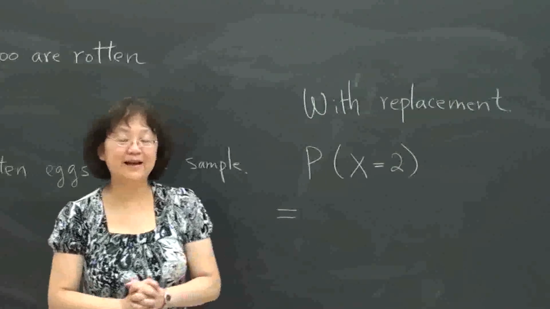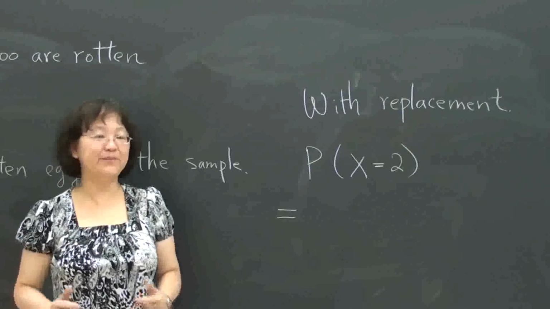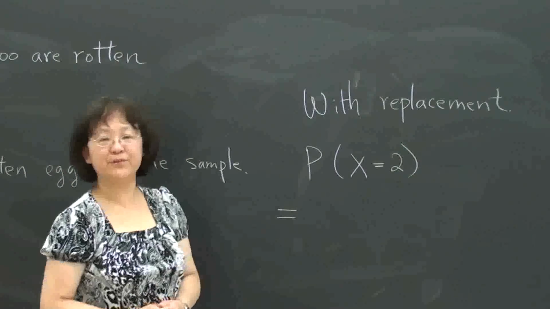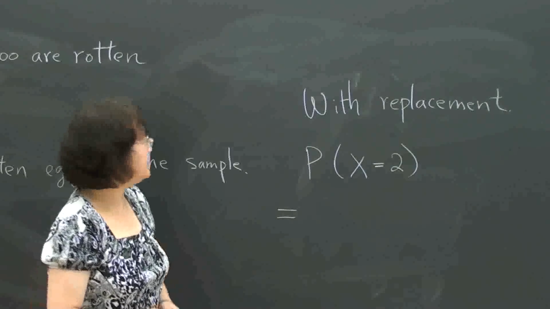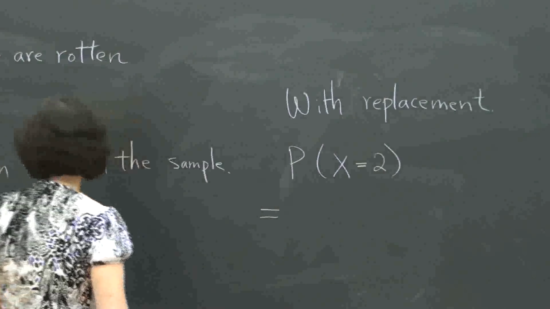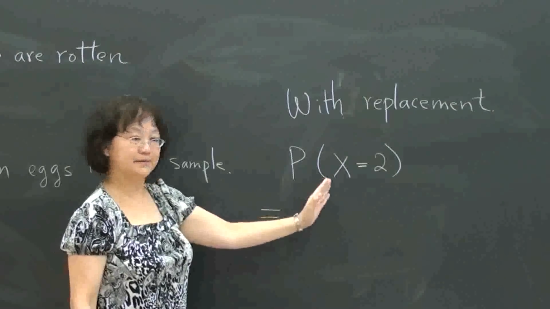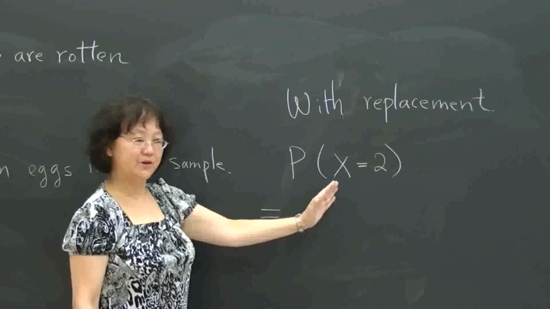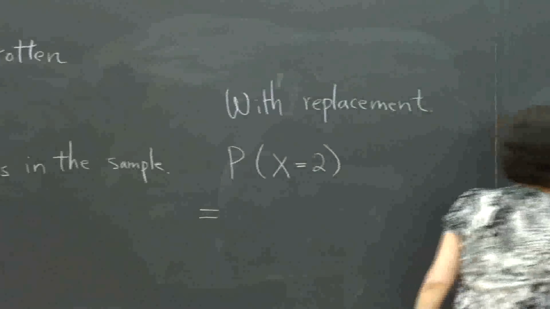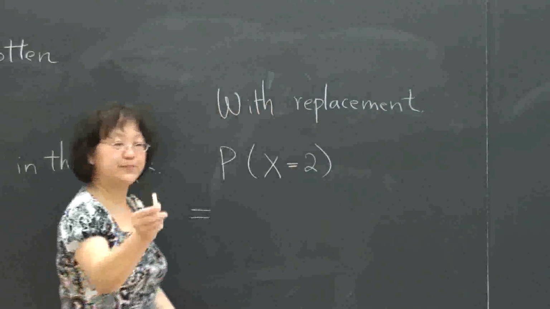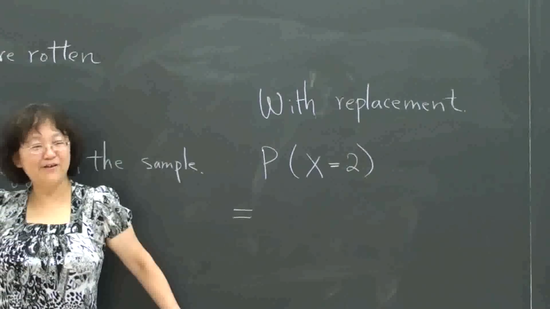Let us look at those 2 situations depending on how we sample. We remember we can sample with replacement, and we can also sample without replacement. Let us first look at sampling with replacement. We are computing the probability that X, the number of rotten eggs out of the 2 eggs, equals 2. For the first pick, it is 2,000 out of 8,000.